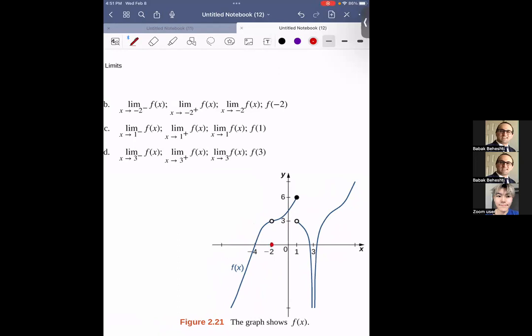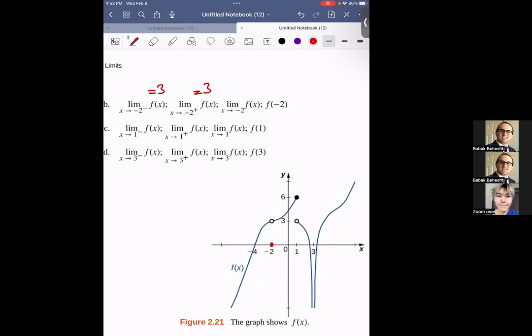What is the limit? For minus 2 it doesn't matter, either from right or left, because they are equal. It's 3. So when x goes to minus 2, either from the left or the right, the limit is 3.